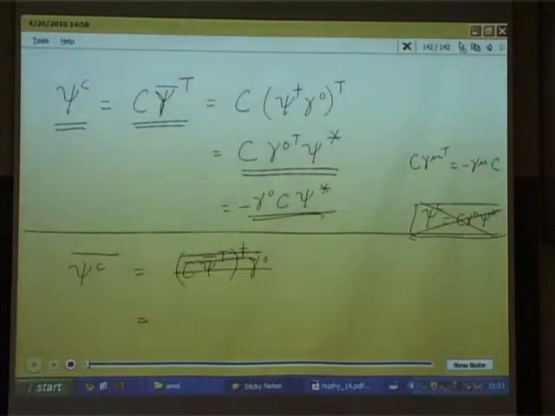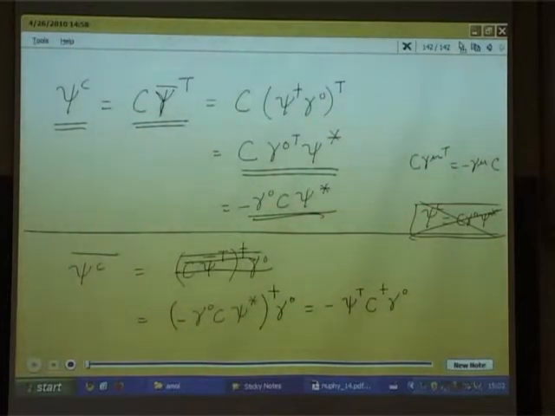So psi C bar is minus gamma 0 C psi star dagger times gamma 0. Maybe the same thing, of course. It depends on what I find next. So this is minus psi transpose C dagger gamma 0.